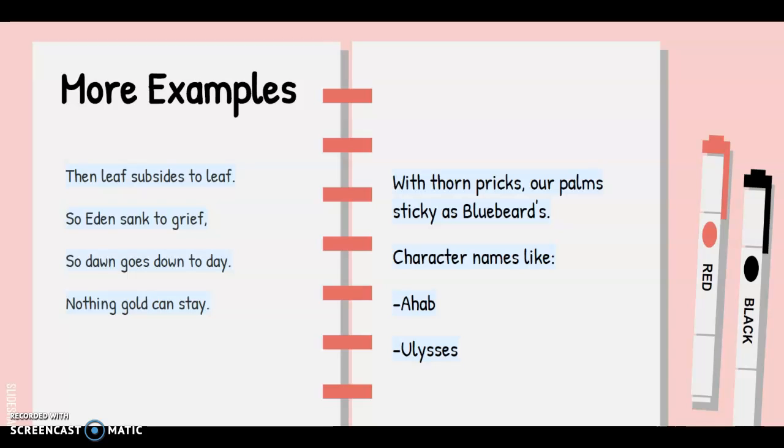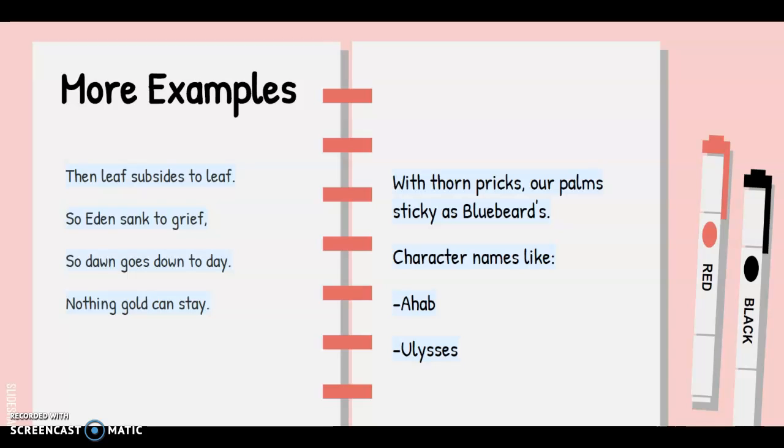So Eden being capitalized tells us that this is probably a proper noun. So again, this is a person or a place that is popping up in a poem without any explanation. So it might be assumed that this is a reference that we'll know and understand, that they're trying to make an allusion here.